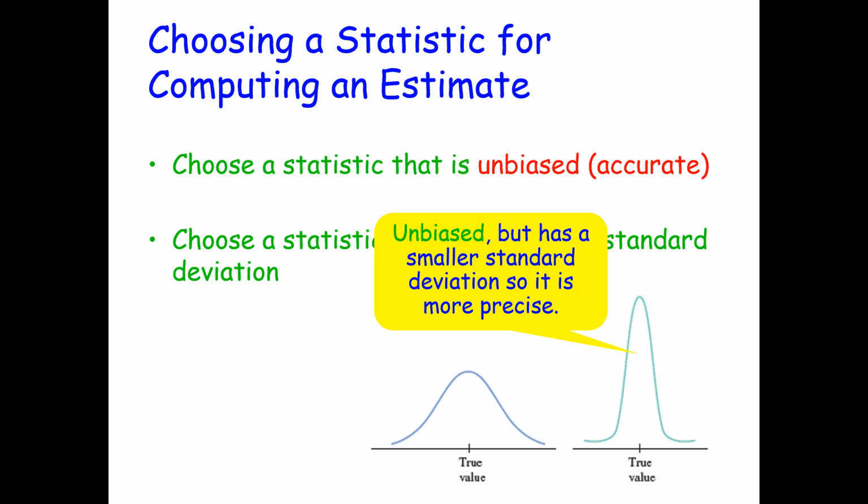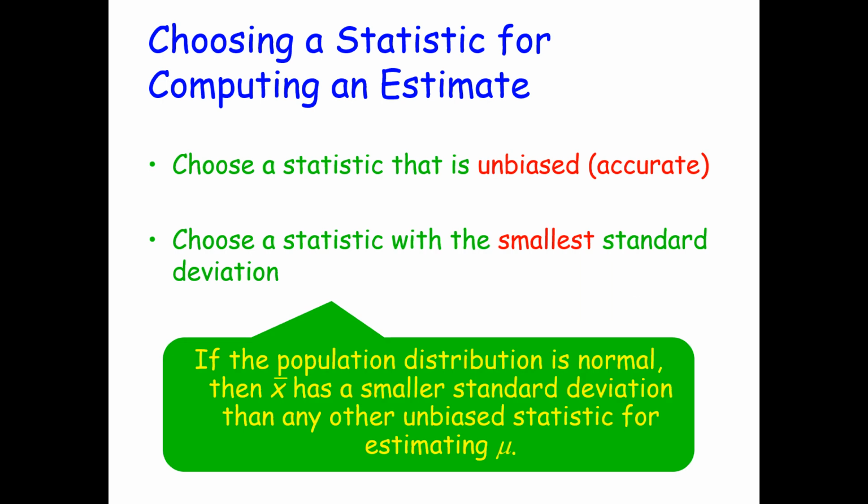However, here we have an unbiased estimate, but it has a smaller standard deviation, so it's more precise. So we would want to use that one. Now, if the population distribution is normal, then x bar has a smaller standard deviation than any other unbiased statistic for estimating mu.